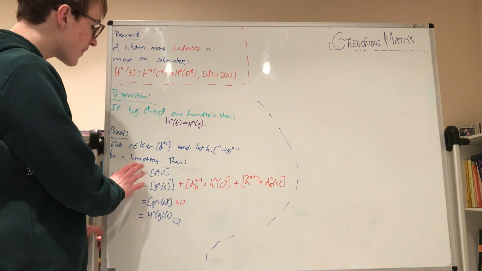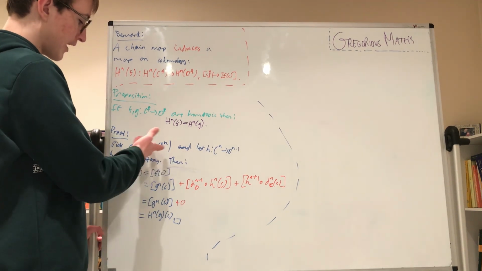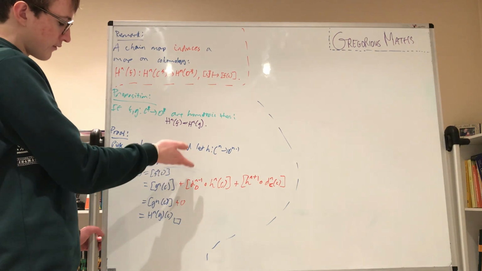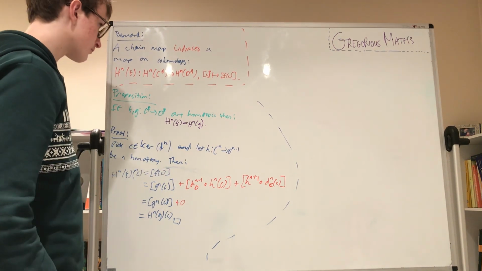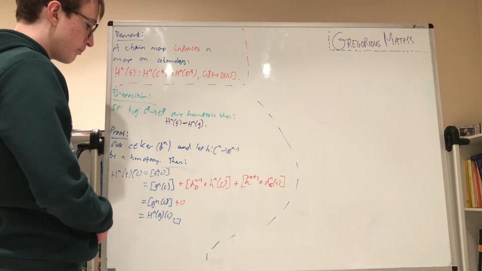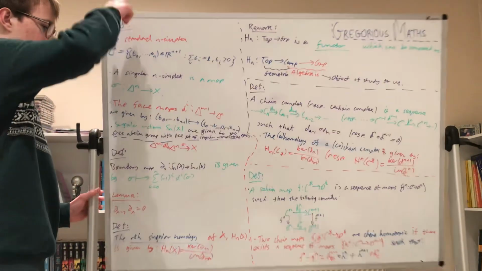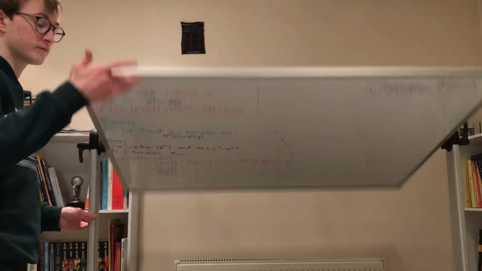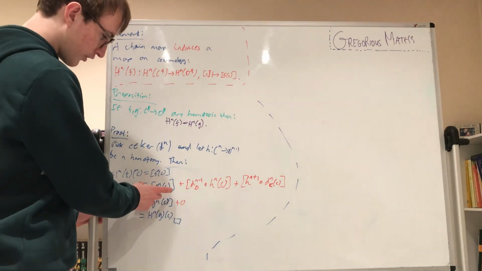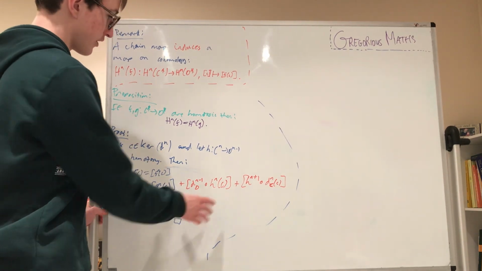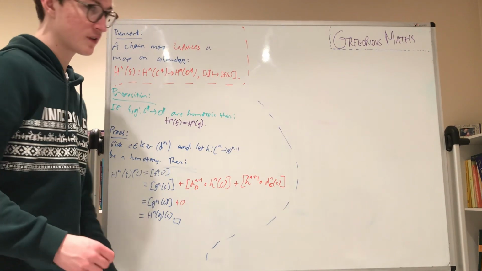The nth homology of f at C is the equivalence class of Fn of C. Now, by this definition, we can just add Gn to both sides. So this is equal to the equivalence class of Gn of C plus this stuff.